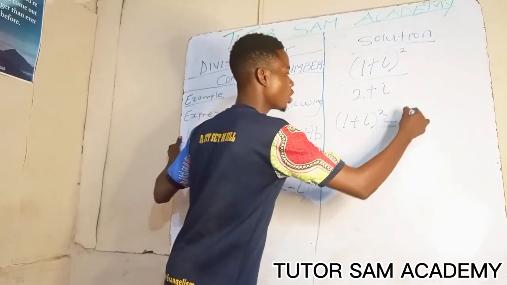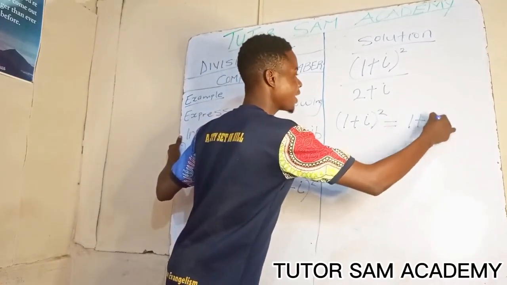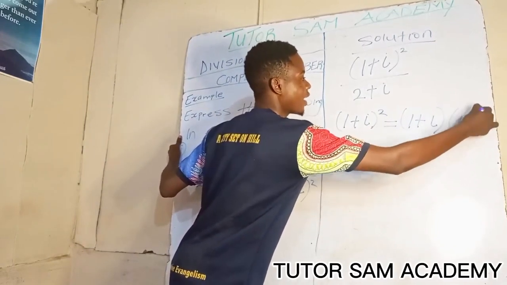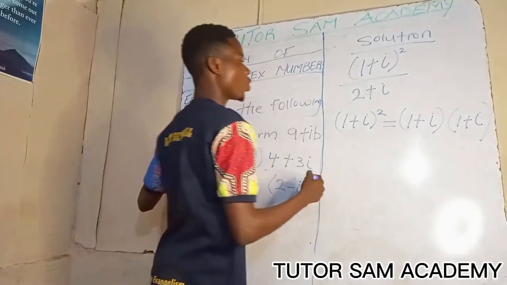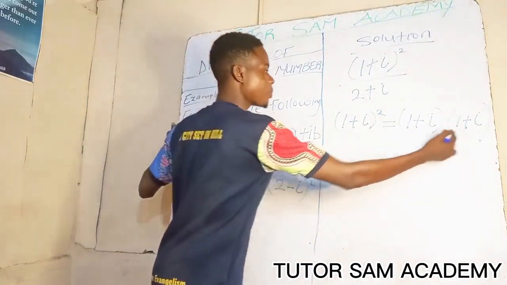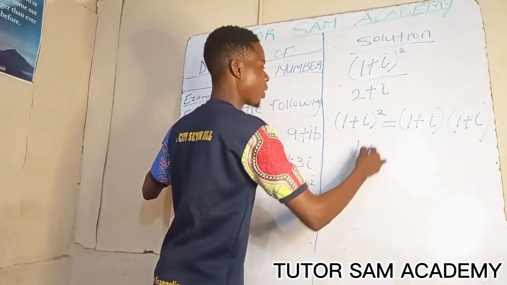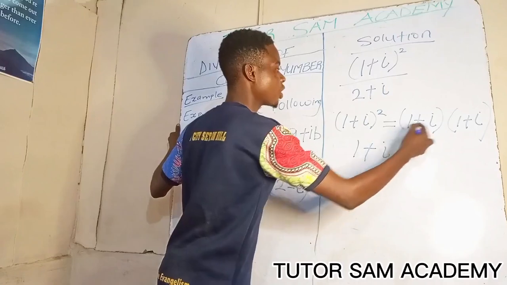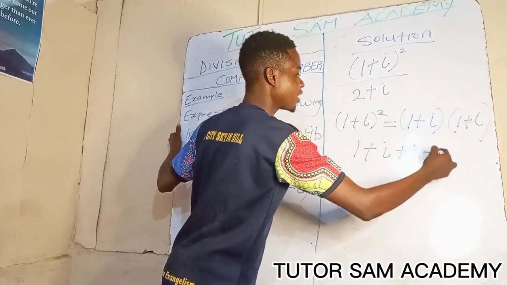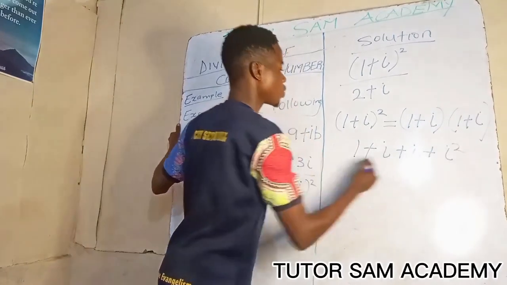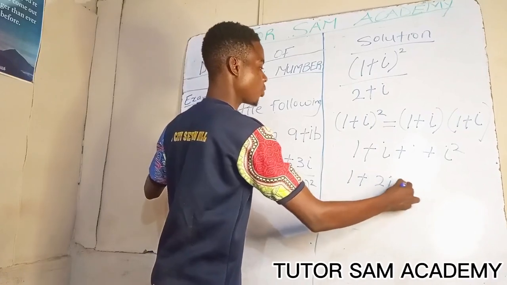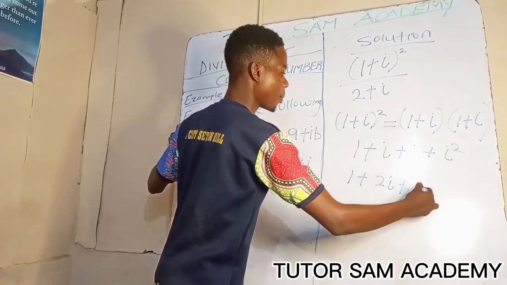So it's equal to 1 plus i into 1 plus i. So you can expand this first. If you expand this, what do you have? You have 1 multiplied by 1 gives us 1. 1 multiplied by i gives us i. i multiplied by 1 gives us i. Then i multiplied by i gives us i square. So here I can have 1 plus 2i plus i square. i square is what? Minus 1.